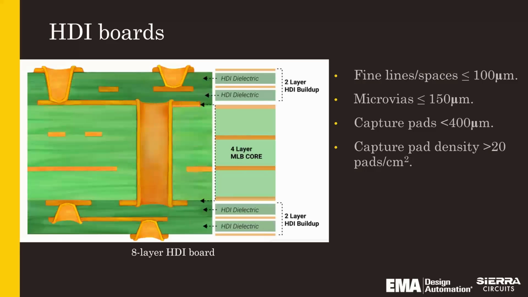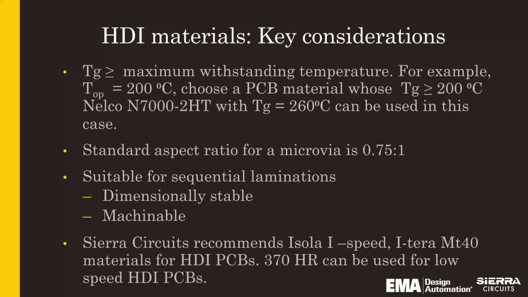So having good material selection there would be very important to properly form your laser vias, and then therefore get good plating in those vias, and therefore have a more reliable HDI board. So these are some of the key considerations for HDI. I mentioned laser drilling. You also want very dimensionally stable material because of all the process steps that you have to go through for HDI.